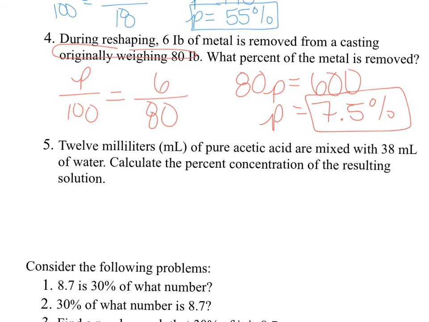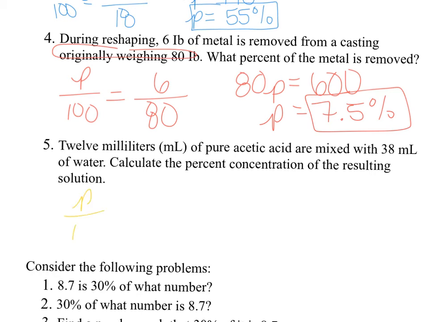Okay, so setting this up a lot like we've done our other problems. So I have 12 milliliters of pure acetic acid being mixed with 38 milliliters of water. We're figuring out the percent concentration of the resulting solution.